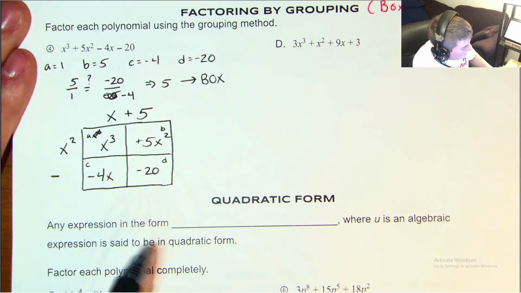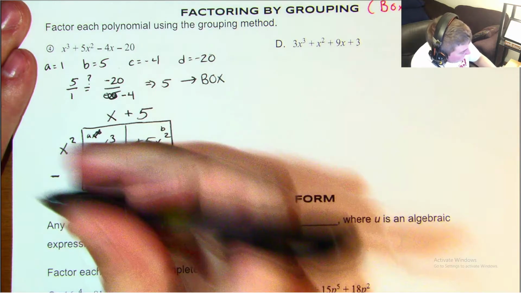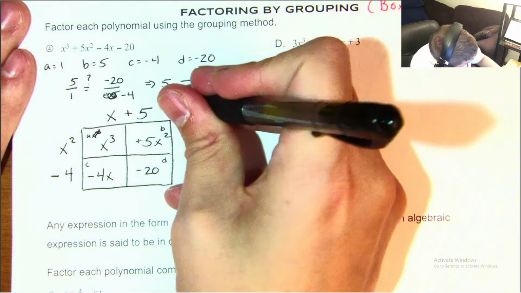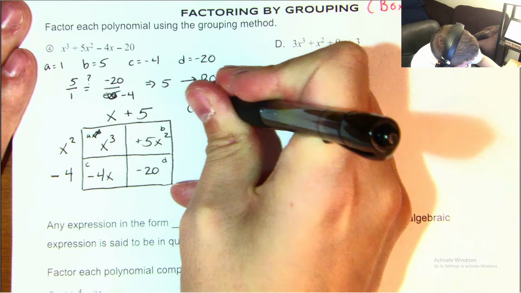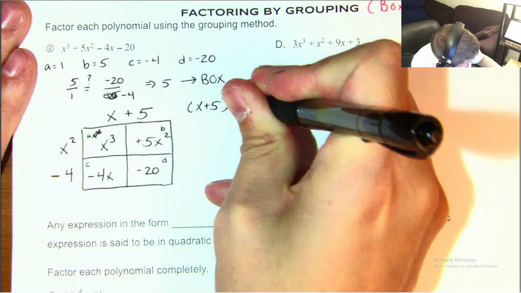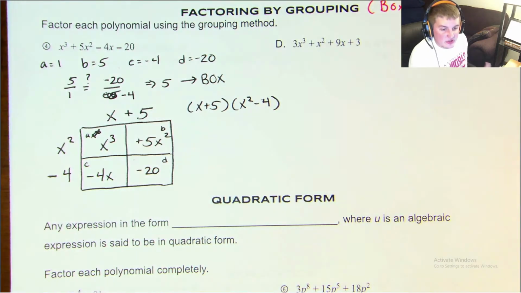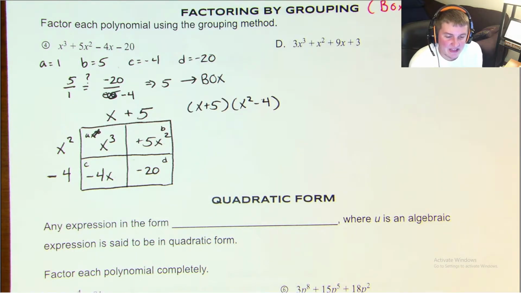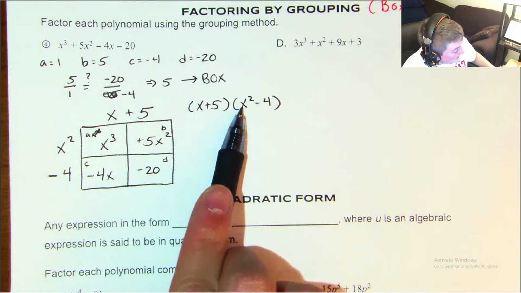Okay, greatest common factor between 4x and 20 is 4. Okay, so this is what I have so far. And now, as I'm looking at this, hopefully you all are identifying that this is a difference of squares.